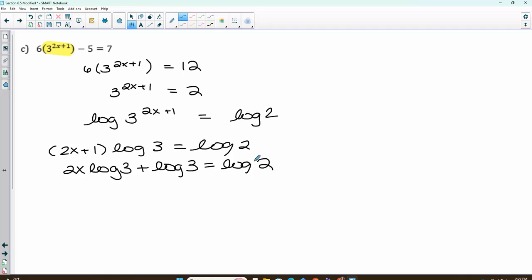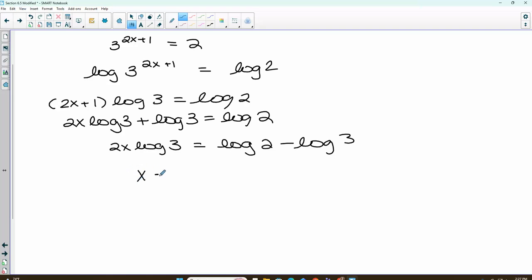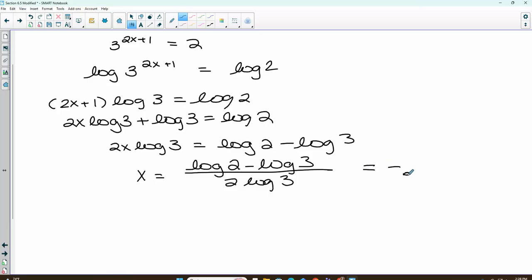So if I'm trying to get x by itself, we put that in -0.1845.